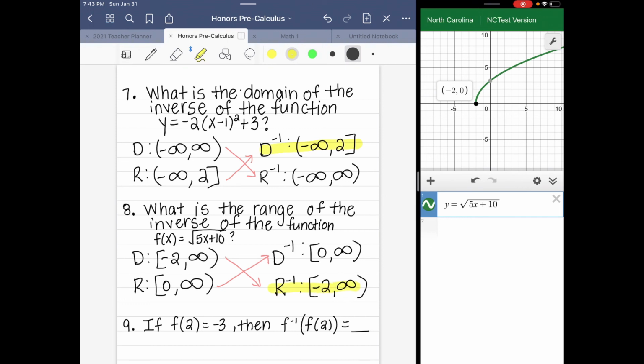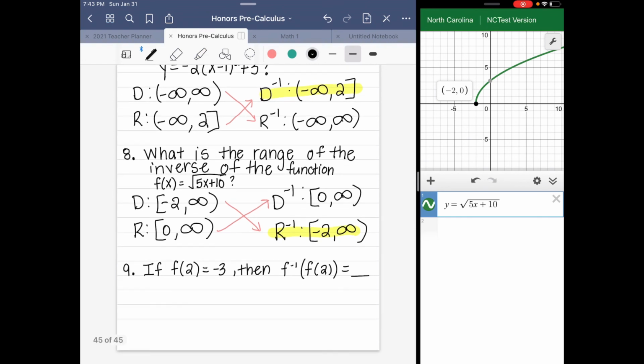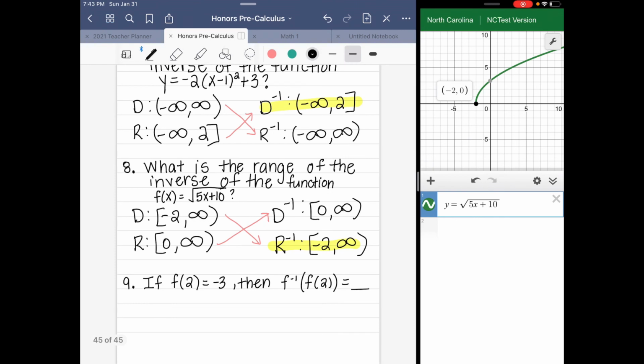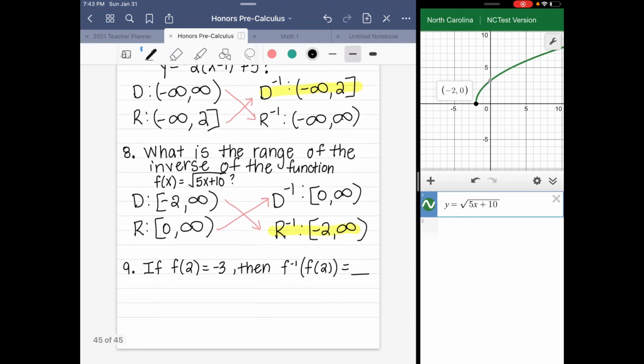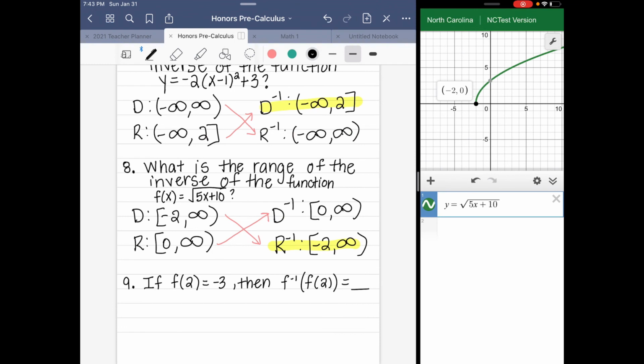They asked us to find the range of the inverse, so it's going to be negative 2 to infinity. And again, you will be able to make more connections once we start looking at the actual equations and the algebraic method of finding those.